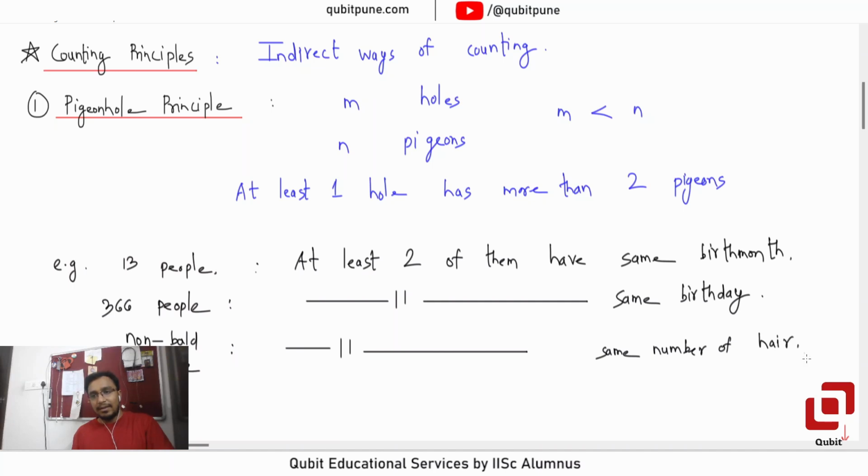Why? Because we know the maximum number of hair that a person can have, and the population exceeds that. So without even verifying, we can prove that there are at least two non-bald people who have the same number of hair on their head, without counting. That's the way of indirect counting. That's the pigeonhole principle.